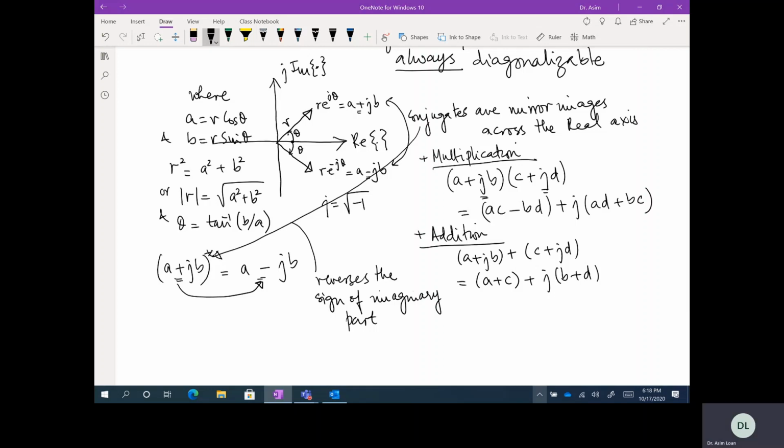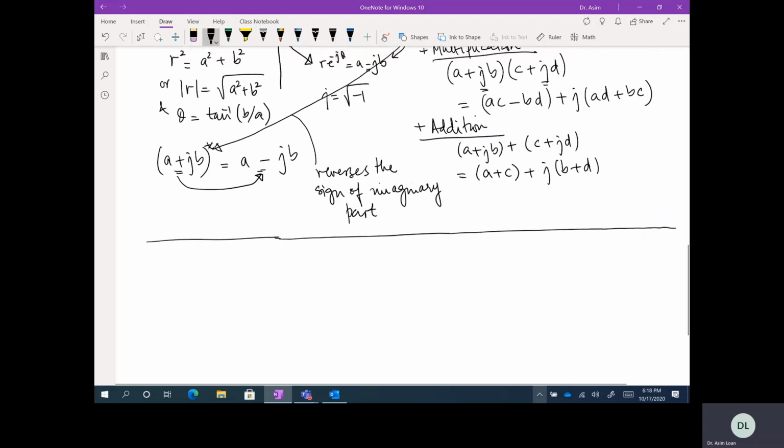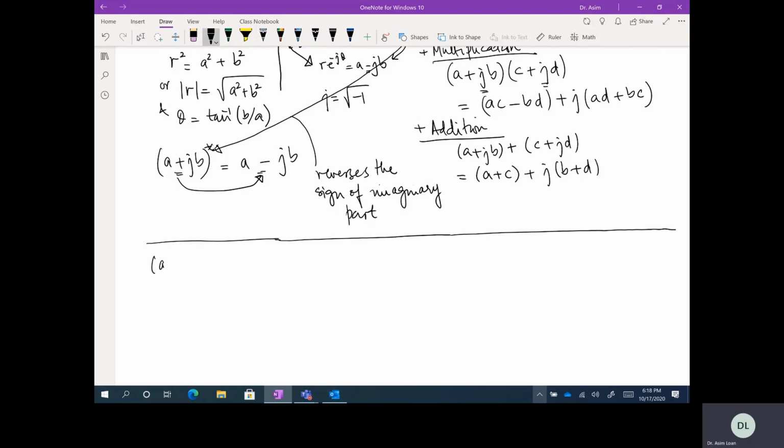So let's look at briefly some more facts. The conjugate of a product equals the product of conjugates.